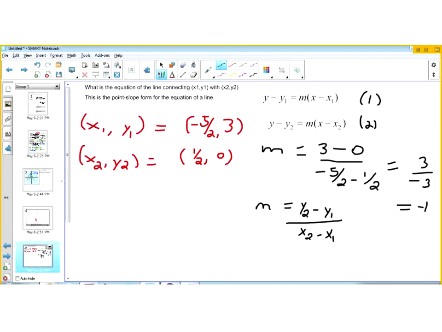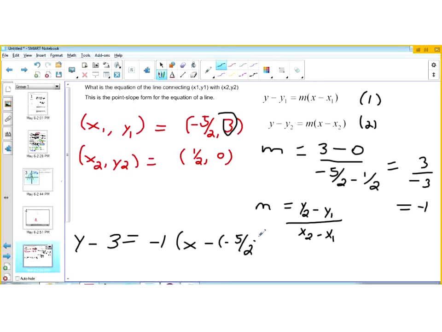So now, like I said earlier, I'm going to use equation number 1 to calculate the equation of the line. So doing that, I'll have y, and what is y sub 1? Y sub 1 is 3, right? Here's my y sub 1, is equal to slope, which is negative 1, times x minus x sub 1, which is negative 5 halves.